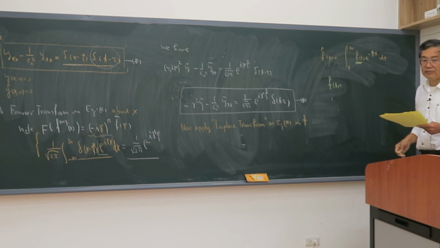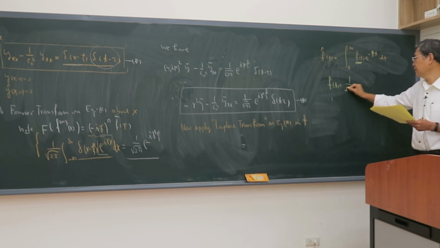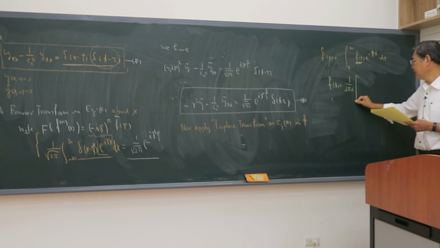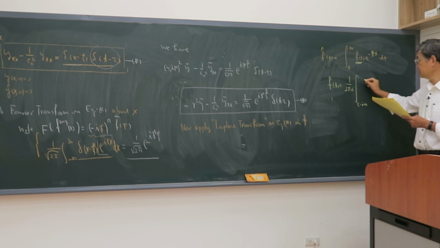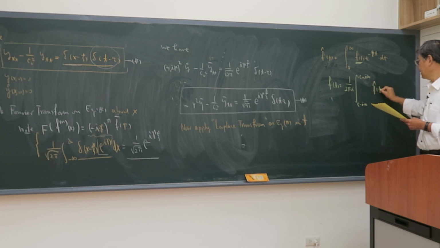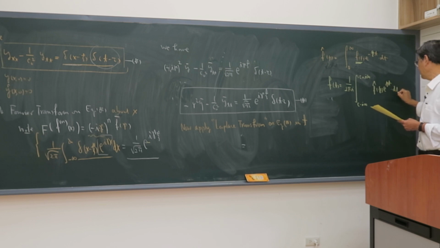The inverse of the Laplace transform is 1 over 2 pi i times the integral along the line from c minus i infinity to c plus i infinity of f bar(p) e to the pt dp.